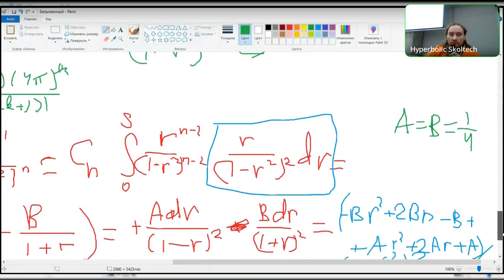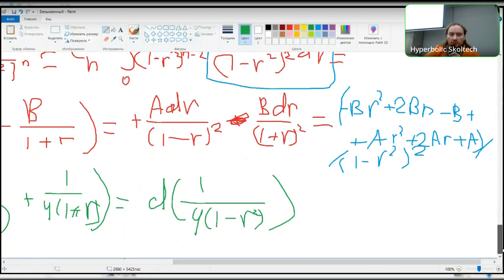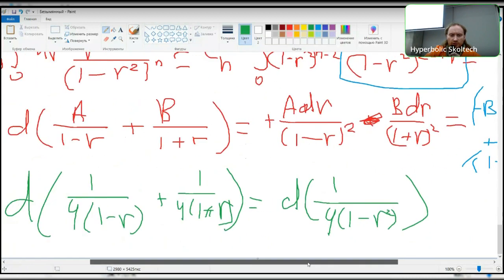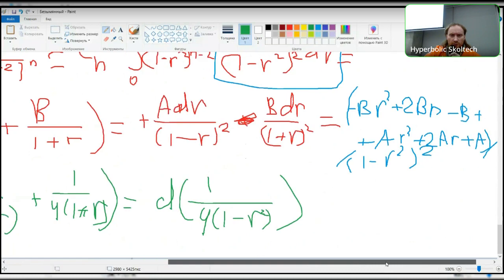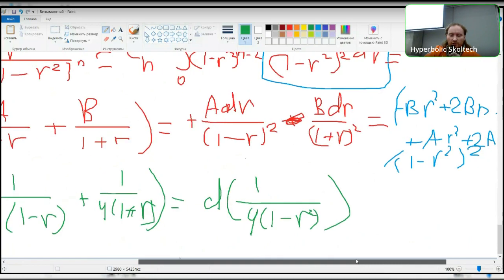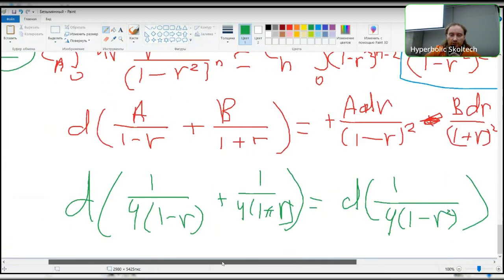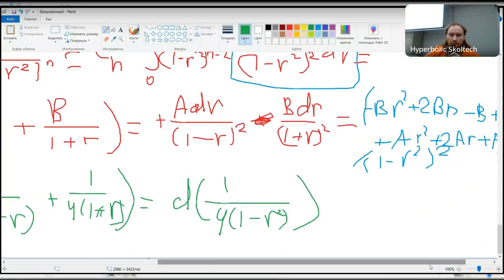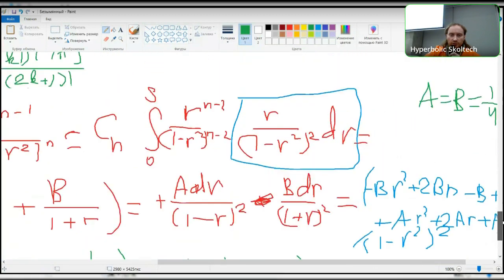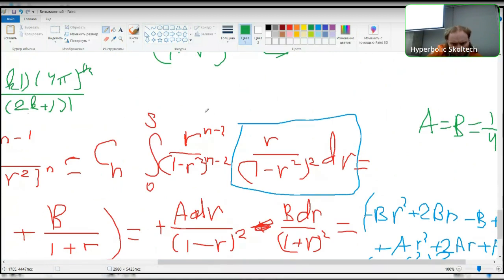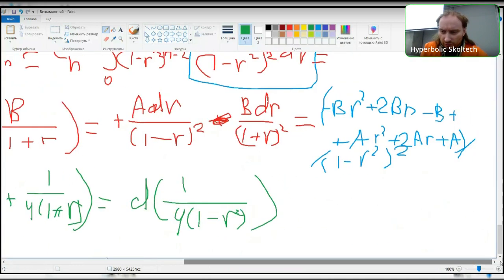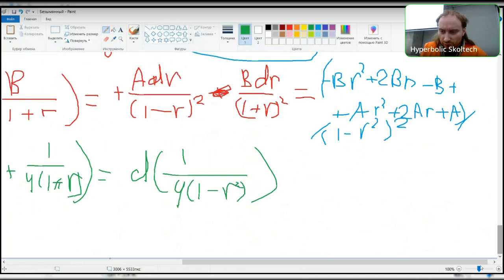So what now? Am I correct here or not? Yes, I'm correct here. So now we have to integrate this thing. Let me first rewrite it. I got somewhat lost.